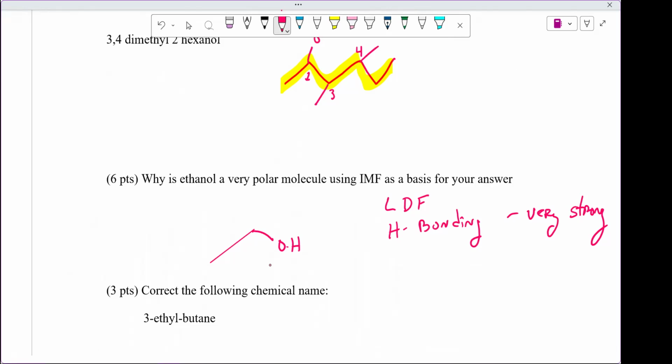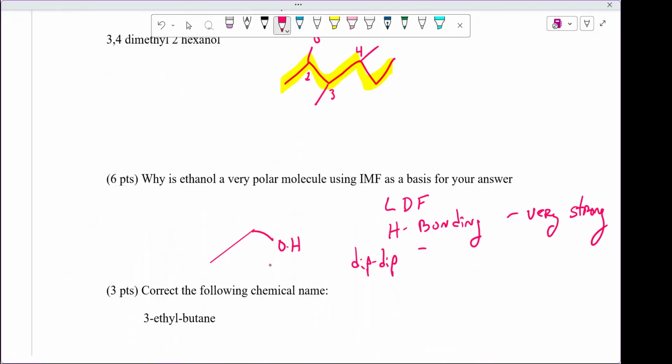It's also got a carbon-oxygen bond, which is a dipole, and that's not as strong as the hydrogen bonding. So those are the 3 intermolecular forces: if it's an alcohol, it'll have hydrogen bonding.